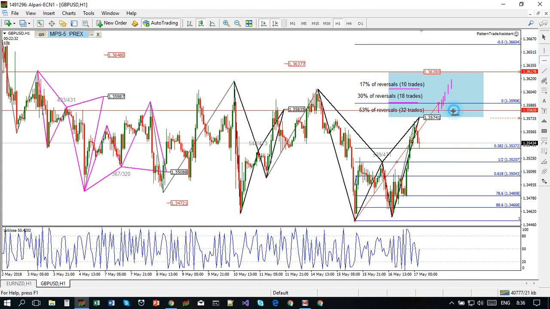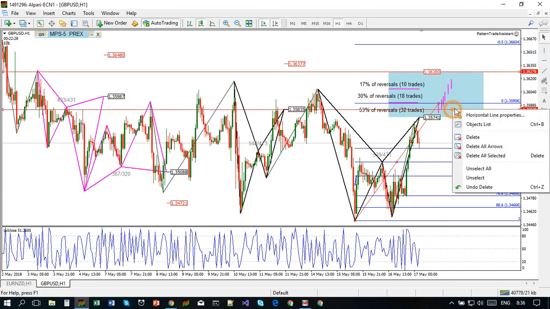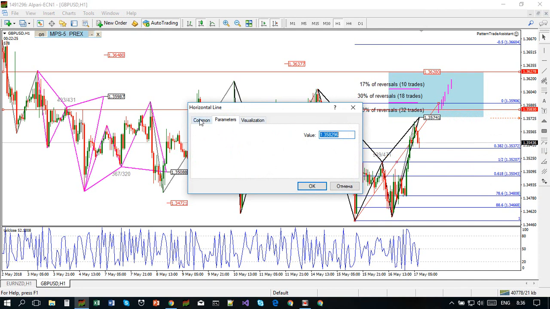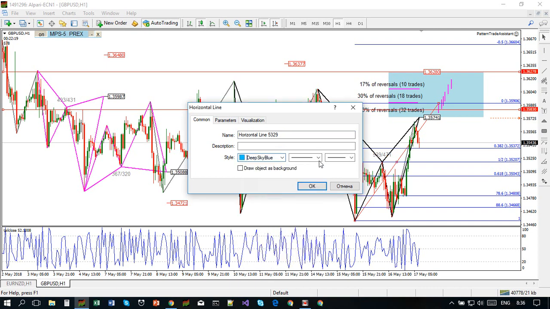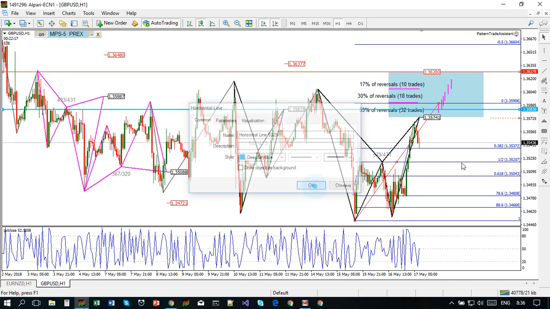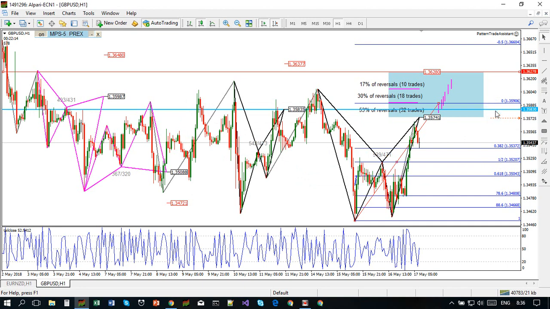Let me draw some horizontal line to mark that entry. Okay, this is your entry at this horizontal line, and this is your take profit, 35.37.